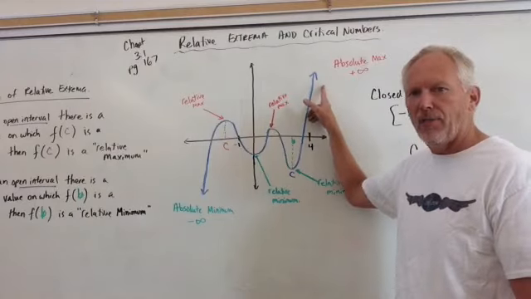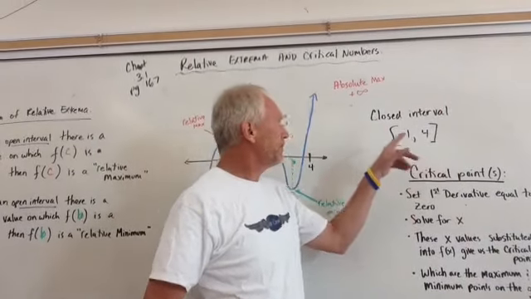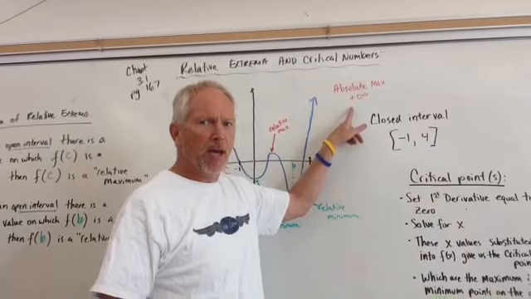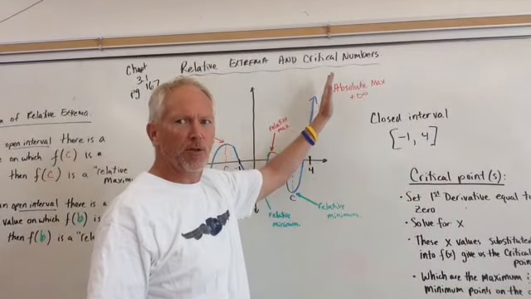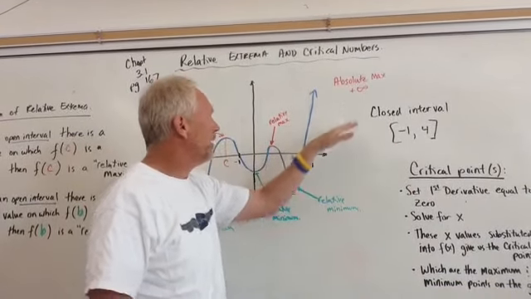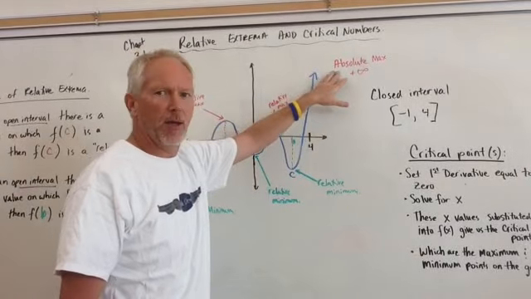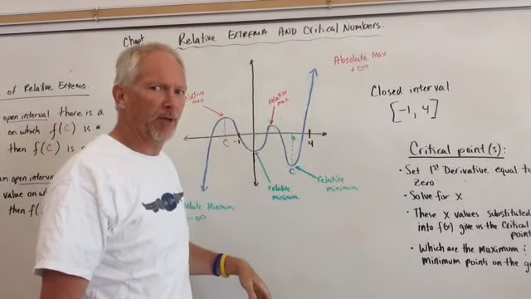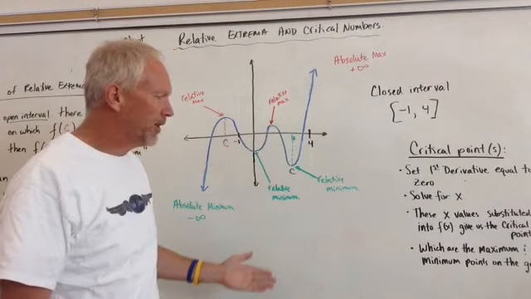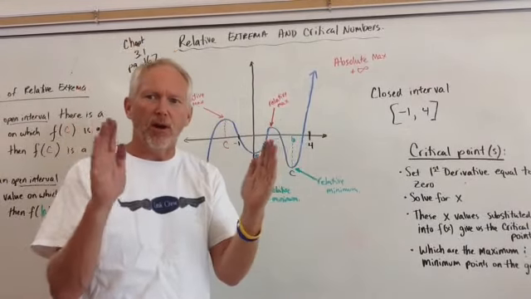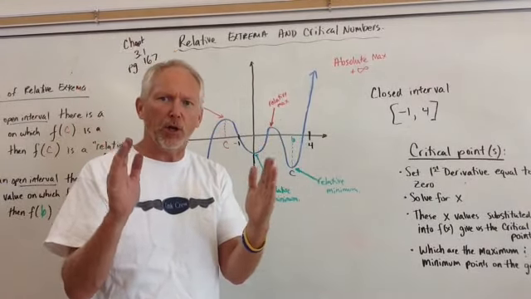On the other side, we have an absolute maximum, right? An absolute maximum, and that the function continues to go to positive infinity, so an absolute maximum there at positive infinity. Now, what would happen if we decided to narrow down or put in a closed interval?